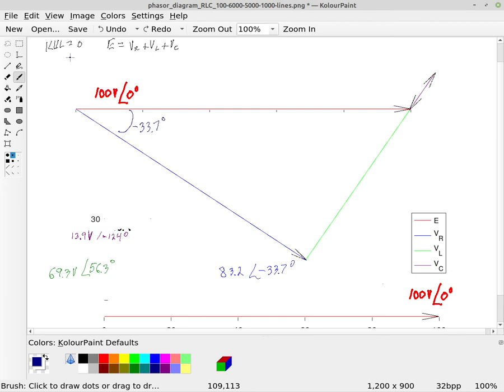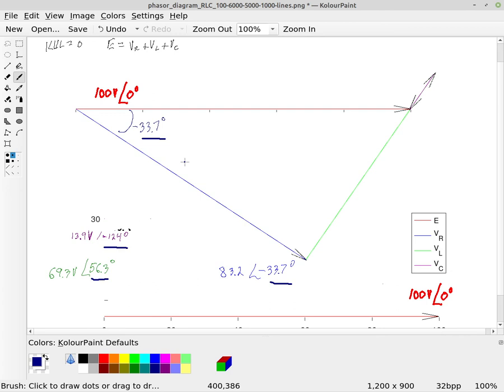Okay? So this is what we call a phasor diagram. We're using the phasor voltages, and we are adding the voltages, including the angles. So when you're working with AC circuits, you must include the angles. And so adding those angles, we can verify Kirchhoff's voltage law.